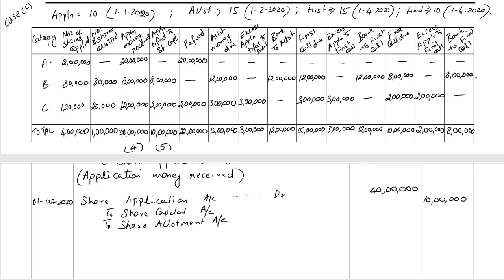The amount transferred from application to allotment is the amount of the eighth column, total 3 lakh rupees. To bank account, amount refunded, the total of the sixth column, 22 lakh rupees.